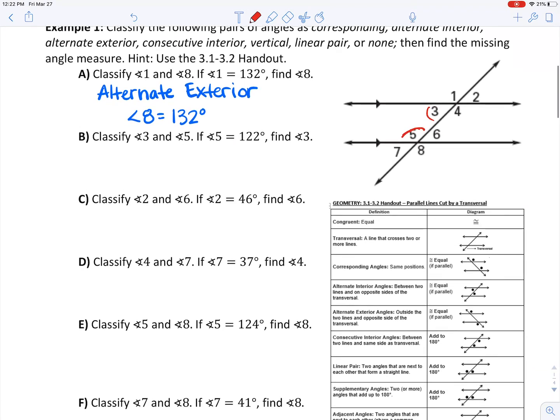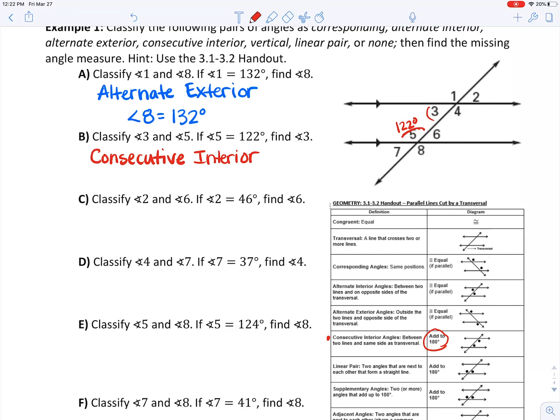Well, if I'm using my handout, 3 and 5 look like a set of consecutive interior angles. So I'm going to write that down. Consecutive interior. And it says that angle 5 is 122 degrees. Consecutive interior angles add to 180 degrees.